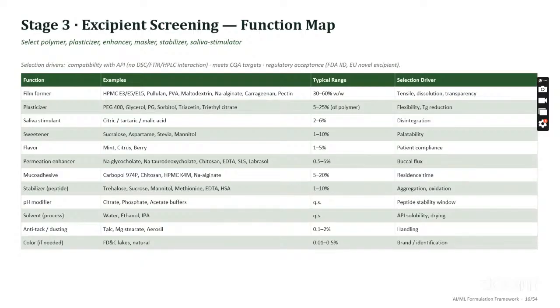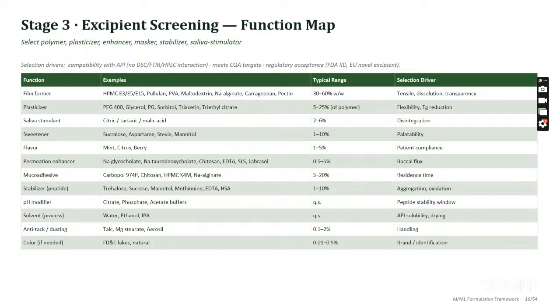For the plasticizer: PEG 400 and glycerol, sorbitol, triacetin, triethyl citrate, 5 to 25%. What does 5 to 25% mean? For example, if my product is 0.5 mg or 1 mg, how much should I add? Say my batch size is 20,000 strips or 20,000 tablets, and each strip or tablet has 0.5 mg.